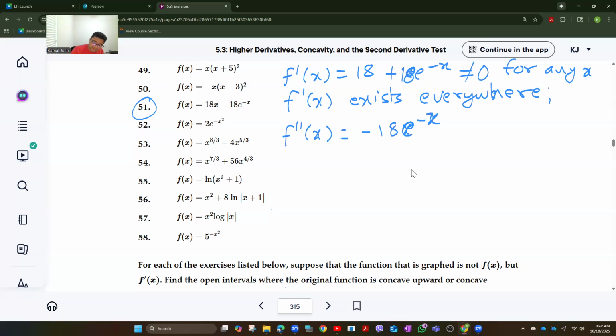Now the point is, is this 0? No, that's not 0 either for any x, right? So there are no inflection points of that graph, basically. That's all we need to know. Let me just confirm again. Yeah, that's not an inflection point.